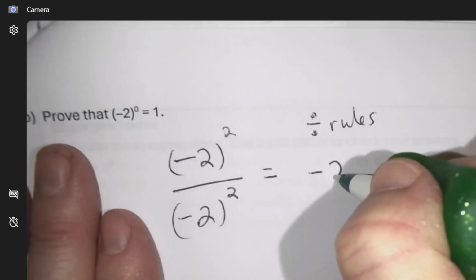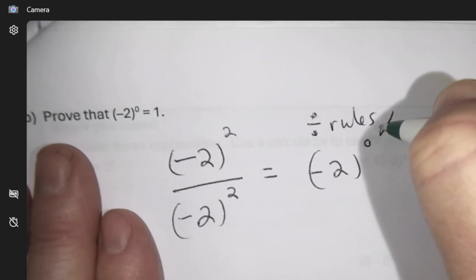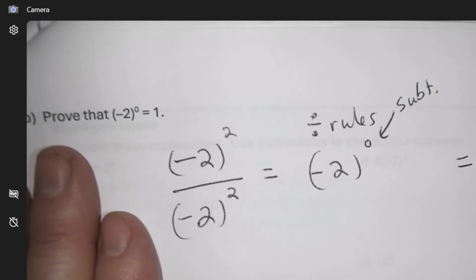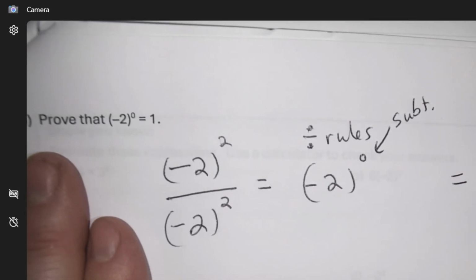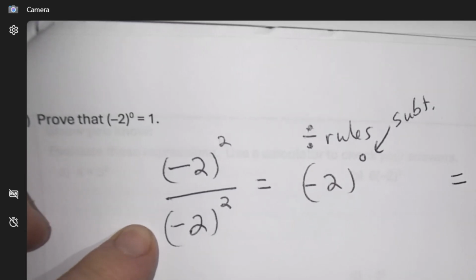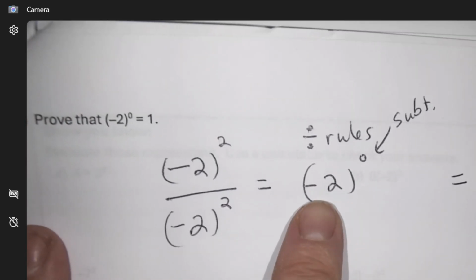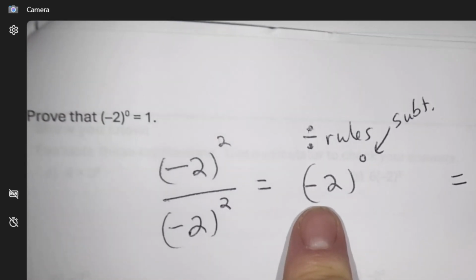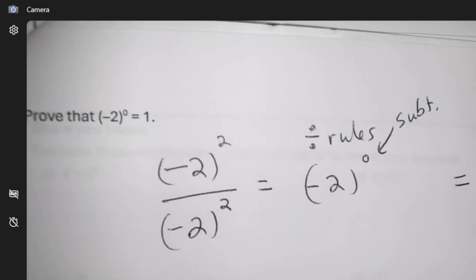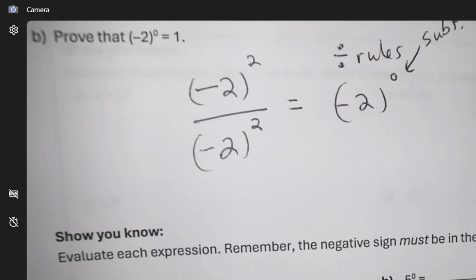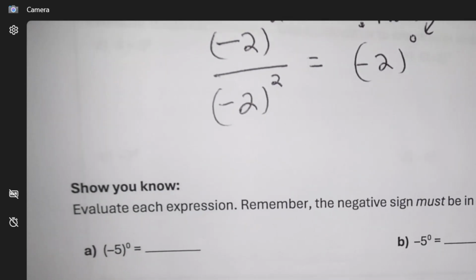You subtract. That's the rule. And what in math happens when you do the same thing divided by the same thing? You get 1. Therefore, this has to equal 1.